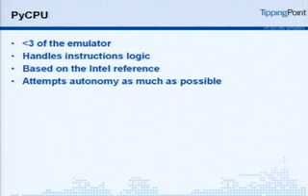I attempted autonomy as much as possible. I'm going to use autonomy lightly because it does rely on the emulator and the memory, but there's nothing in there stopping you from, and I've done it in testing, just executing raw instructions through the CPU. You can't execute an instruction that references memory, but you can still run through some different instructions and get some use out of it.